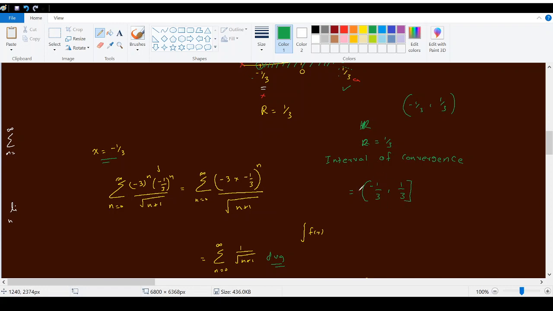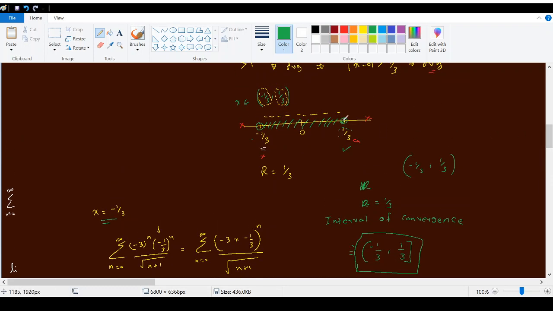So for all the x values inside this interval, because of this closed bracket notation, it includes the right hand point as well. Okay, so for all the x values inside this interval, that is in this region, now 1/3 is included but not -1/3.